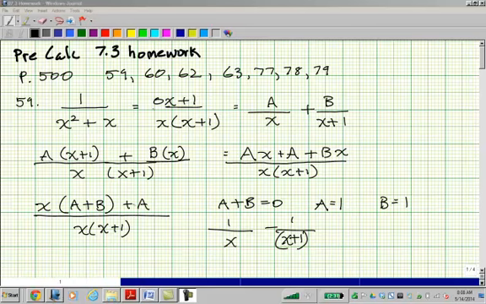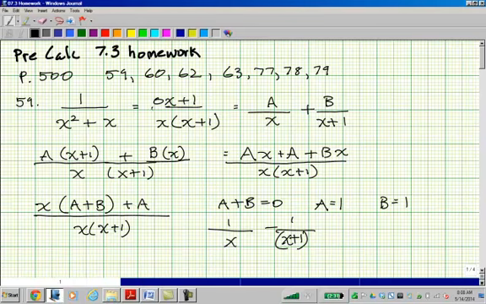Okay, so when we were setting up the problem in the first place, the coefficient for x in the numerator was 0. There's no x's, and there was just the one number as a constant. So a plus b as a coefficient of x in this fraction right here equals 0, because that's the coefficient of x.